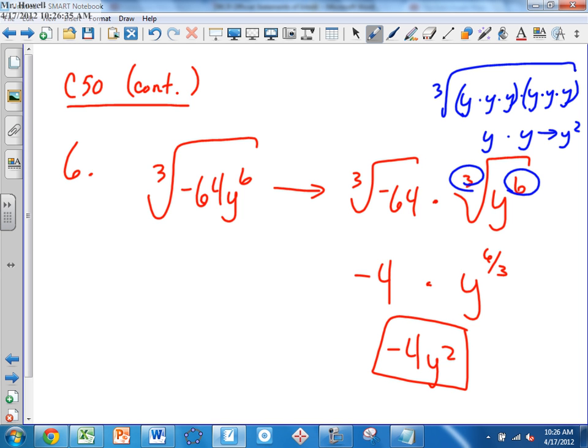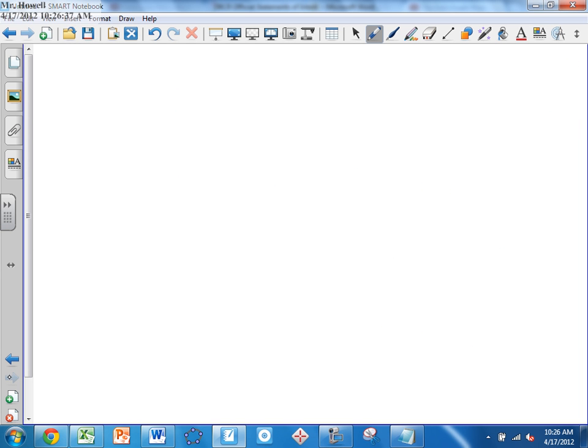Okay? So let's look at the next example for this one. I'm going to jump around in the notes here. Let's say we've got the fourth root. I'm going to call this 7, even though it's not, sorry.